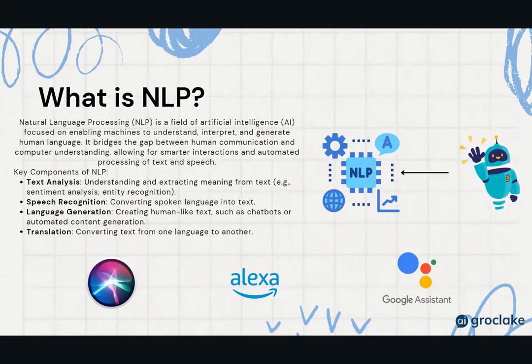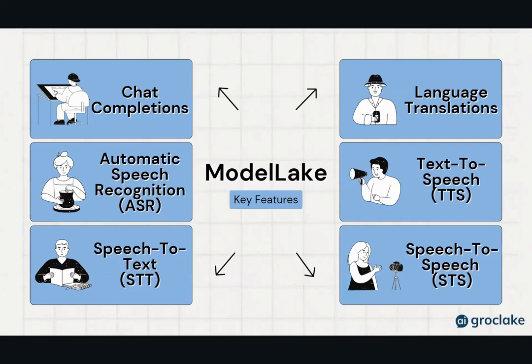Okay, sure. So now we will explain how you can use these NLP features to complete your AI application and make it human-interactive using Modellake. It's a very interesting session. We will be live coding in this session and you will really enjoy this.